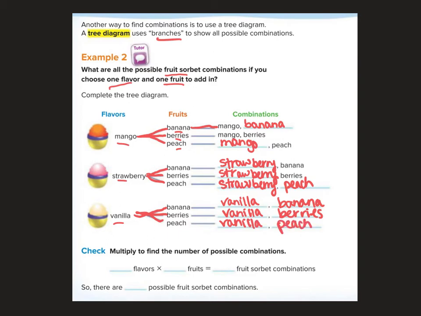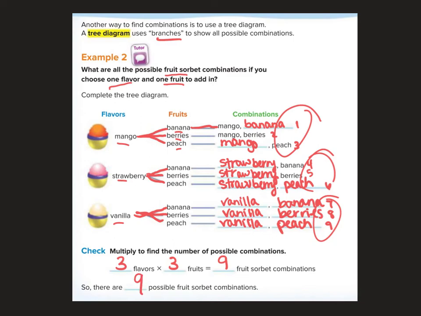So if we look at how many combinations we have: 1, 2, 3, 4, 5, 6, 7, 8, 9. So we've got 3 flavors times 3 fruits, 3 groups of 3, which is what we showed up here, right? 3 groups and 3 of each. So that means 3 times 3 is 9 fruit sorbet combinations. There are 9 possible fruit sorbet combinations.